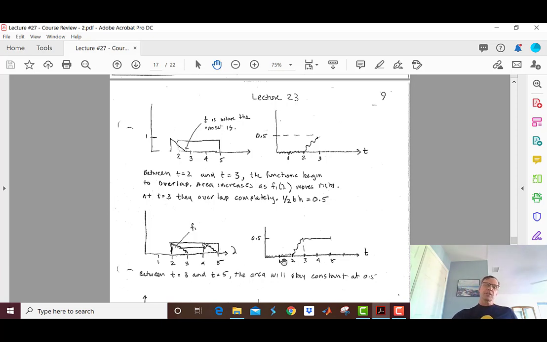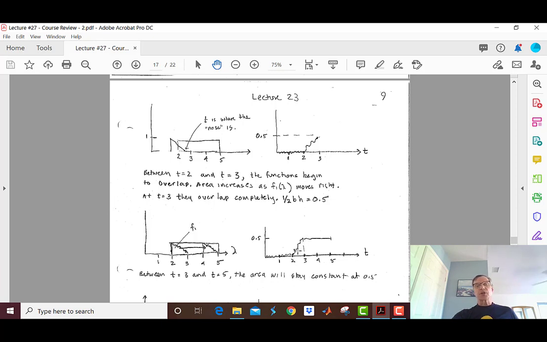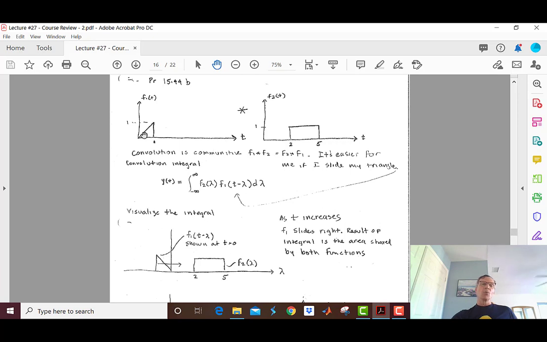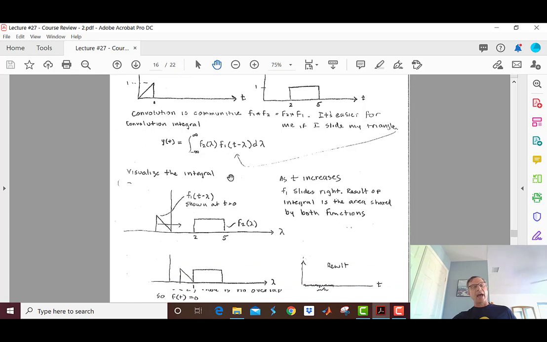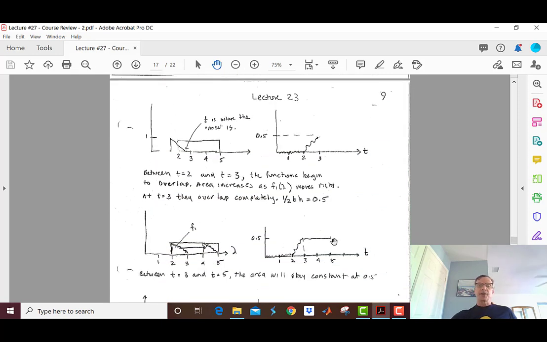So over here you can see that when we got to 2, we started picking up area, and then when we got to 3, the area stayed constant, and it was 1/2 base times height, which is 1/2 times the base, that's 1, times the height, which is 1/2. And I know that I am at 1/2 here.